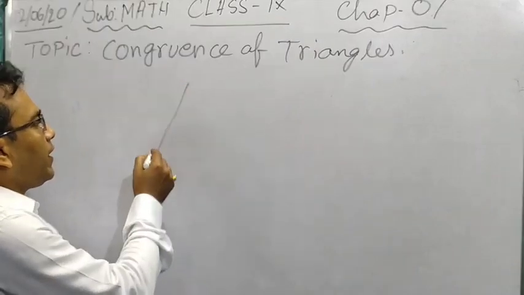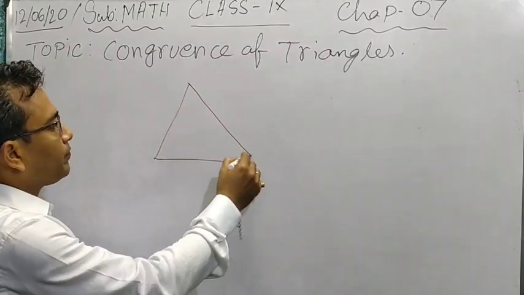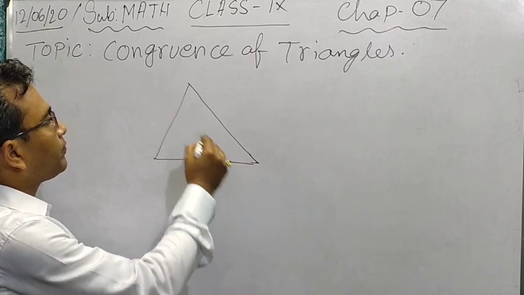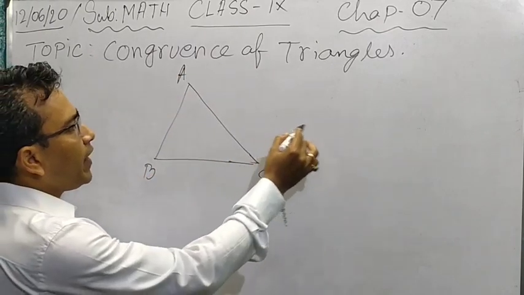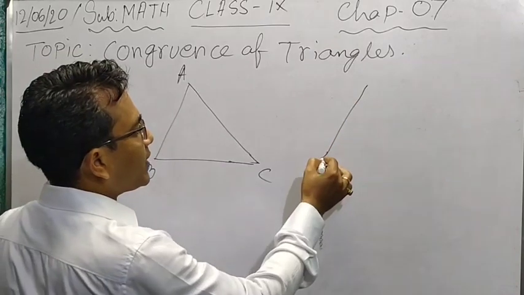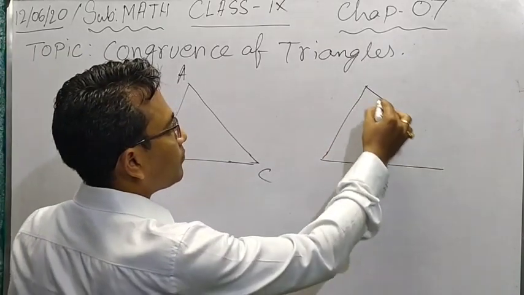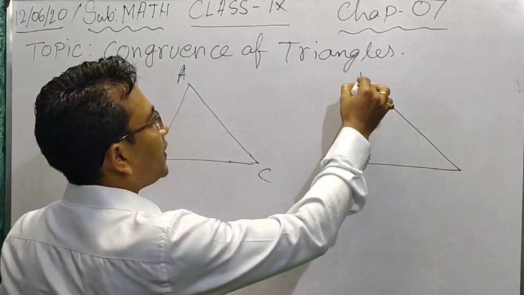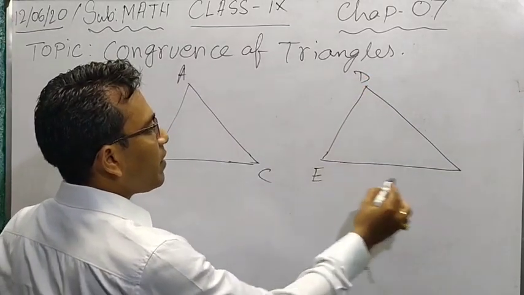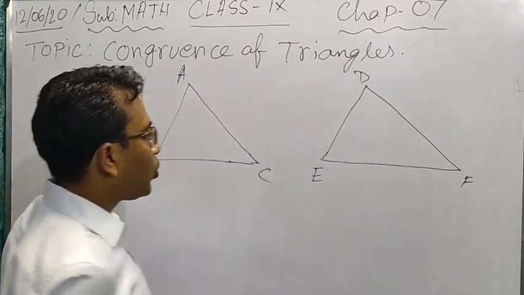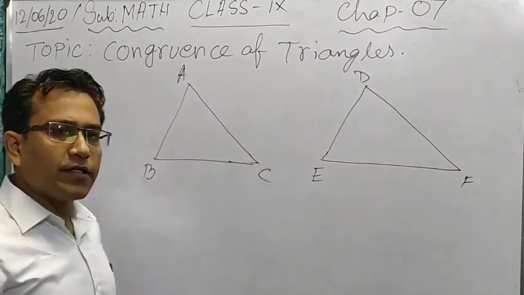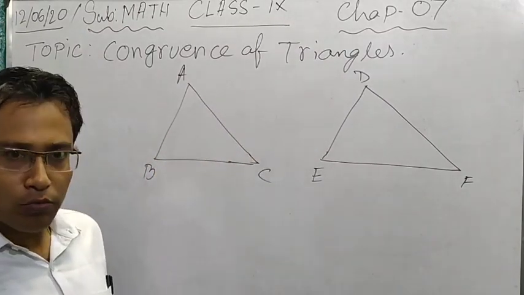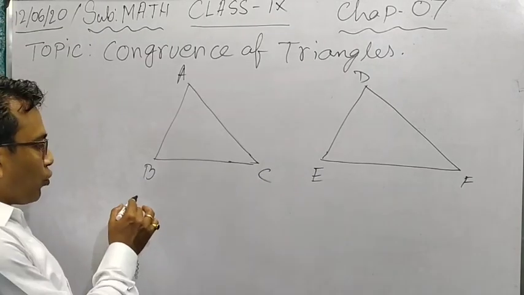Say this is a triangle ABC, and this is another triangle DEF. If we want to prove these two triangles are congruent, how do we do it? There are many congruence rules.